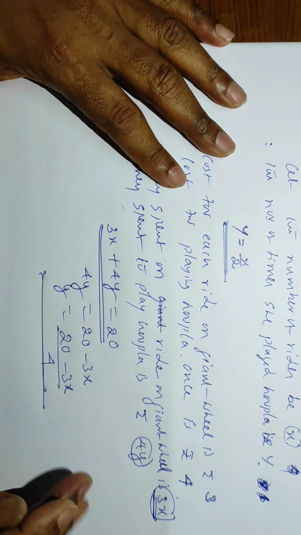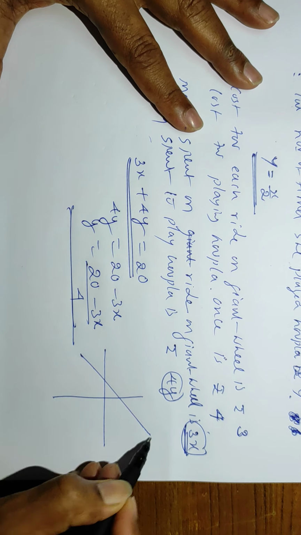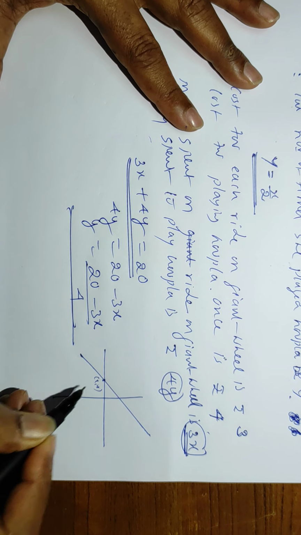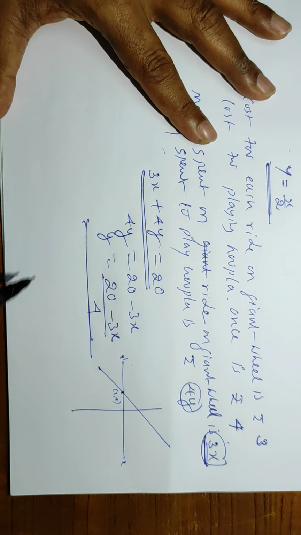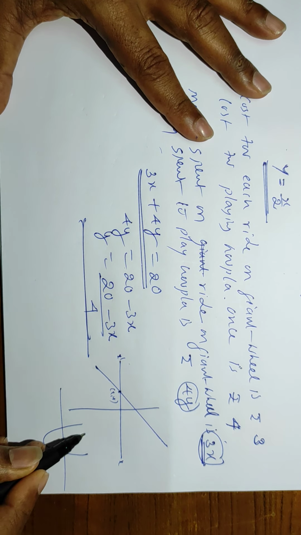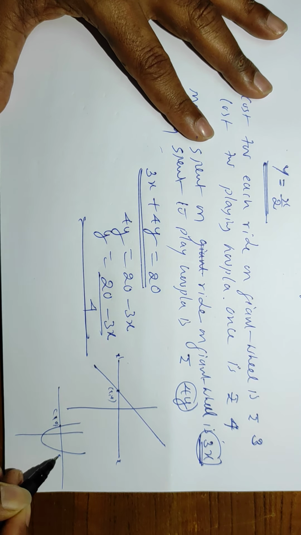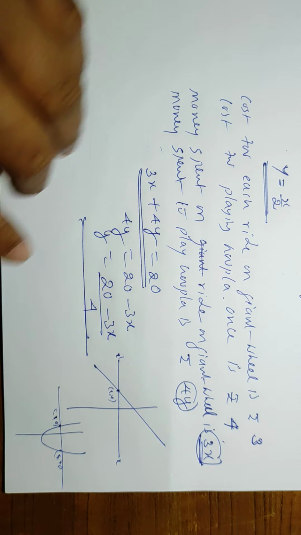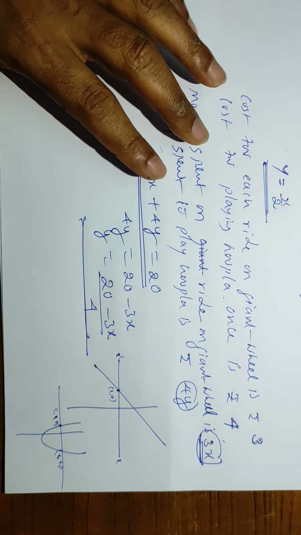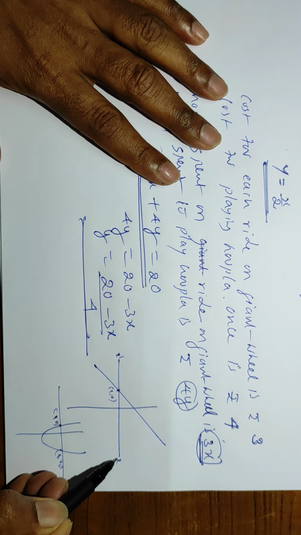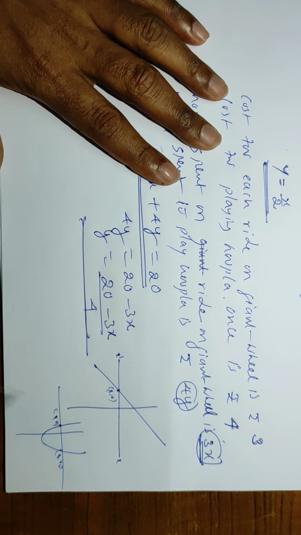So one thing you should remember: in polynomials, we consider the x coordinate of the point of intersection of the graph with the x-axis. There we have to consider the x coordinate of that point of intersection.